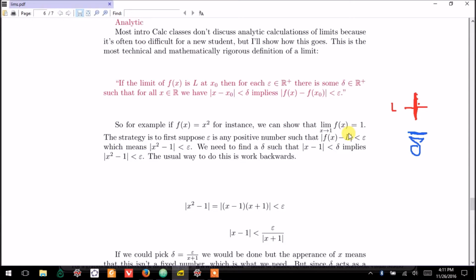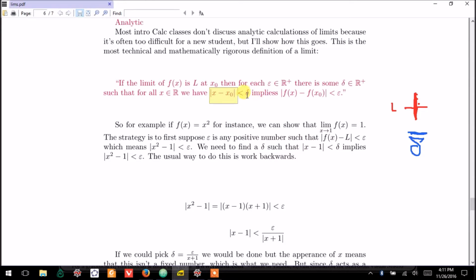And I will start by scrutinizing this. It's usually easier to do these proofs if we start here. So if I look at what this is, I would like to phrase it in terms of something that is related to absolute x minus x naught, or in this case, x minus 1.